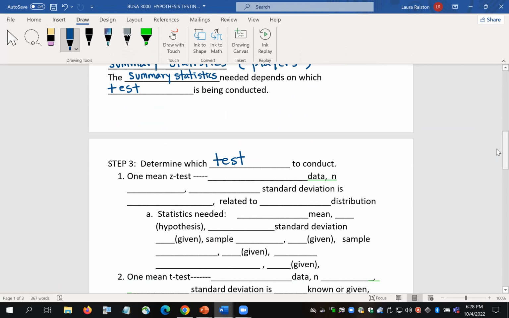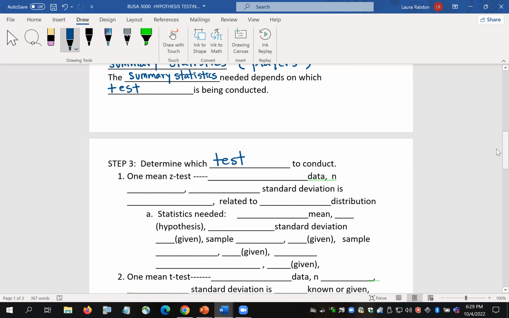I'm going to focus tonight, in these fill in the blank notes, on 2 of the tests that you hopefully learned in Stat 1401. Now, again, I realize for some of you that's been a while.